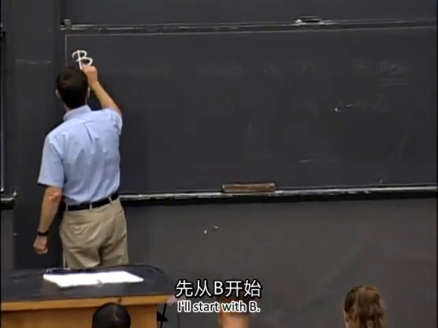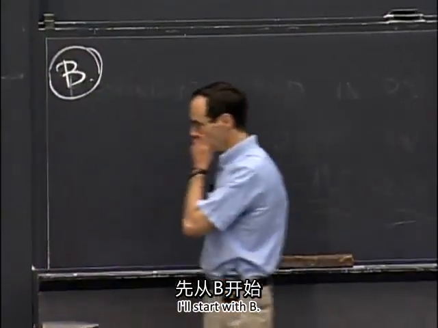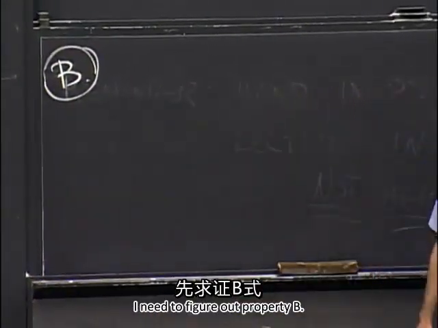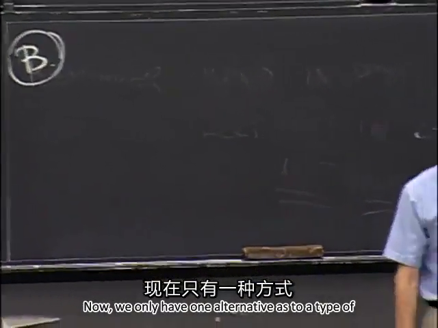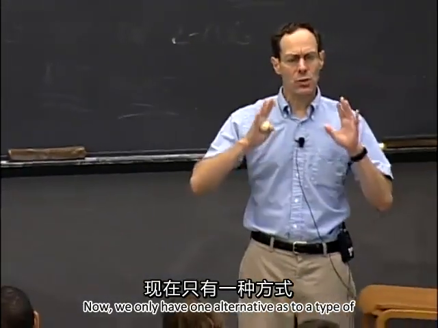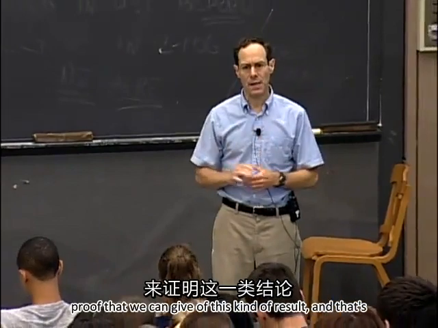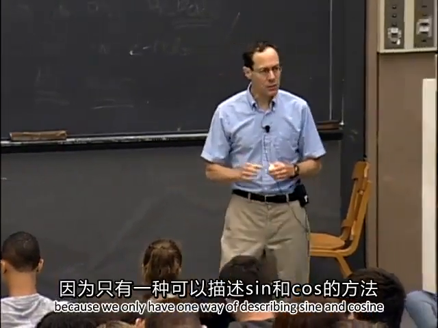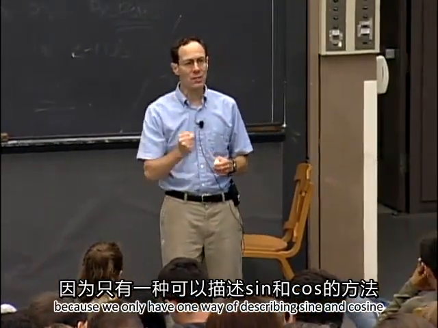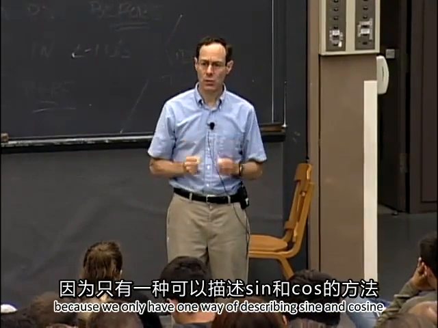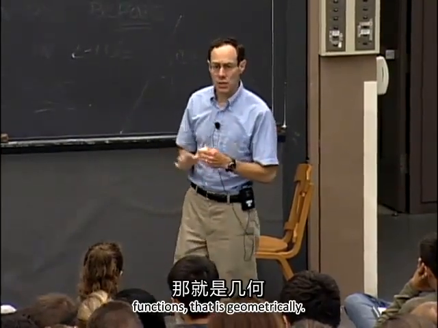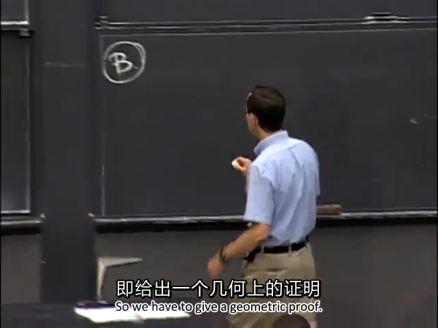I'll start with B. So I need to figure out property B. Now, we only have one alternative as to a type of proof that we can give of this kind of result. And that's because we only have one way of describing sine and cosine functions, that is geometrically. So we have to give a geometric proof.